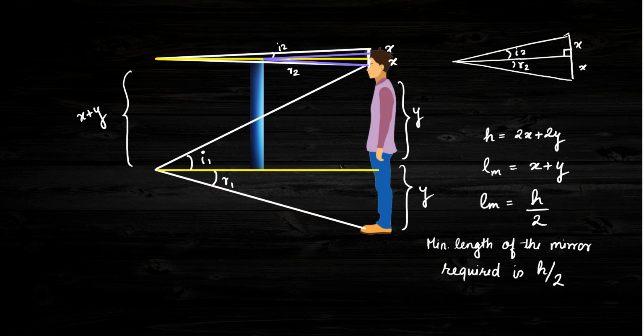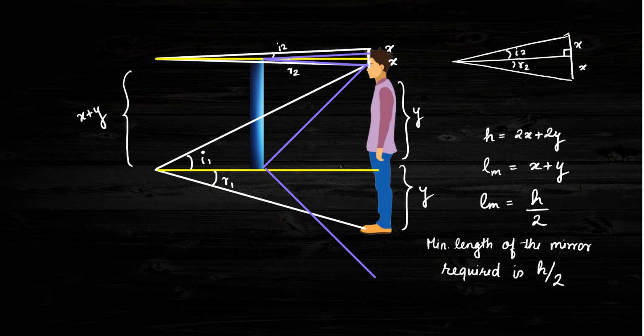Similarly, the ray that goes from his eye and gets reflected from the other point may reach beyond his legs.